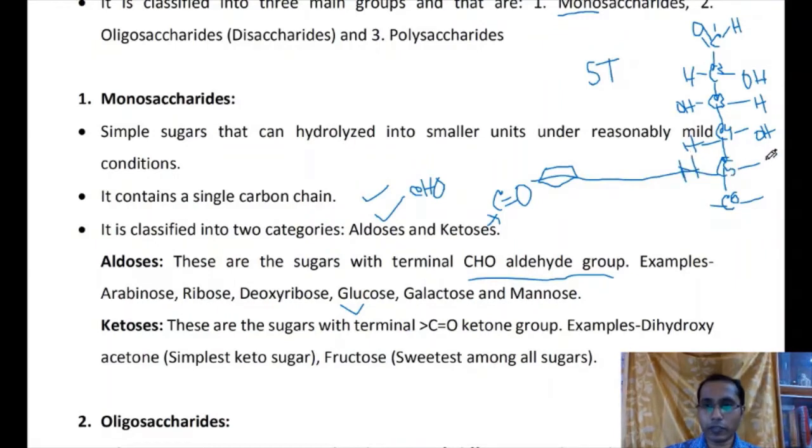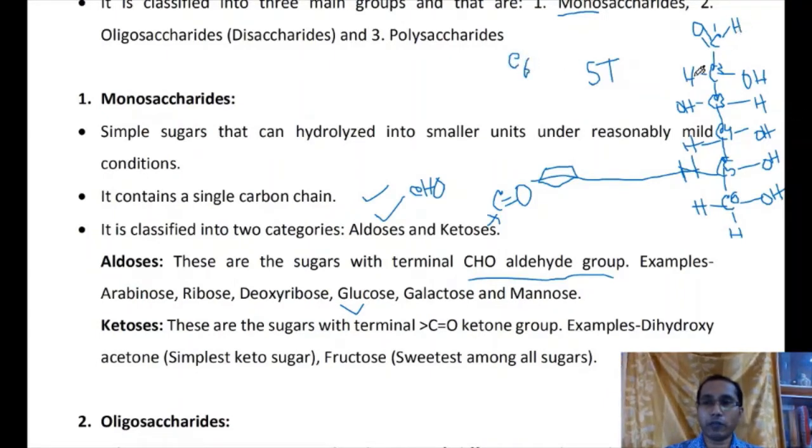Finally, HOH, and another group at the terminal, hydrogen. How many hydrogens? At first, CnH2nOn: how many carbons? Six carbons, C6.